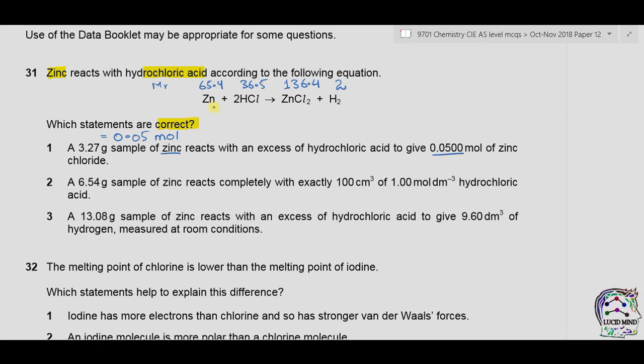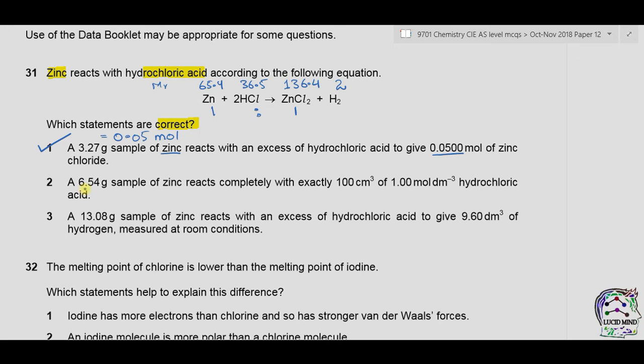As the ratio in the balanced equation is 1:1 of zinc and zinc chloride, the number of moles should be similar. We have 0.05 moles of zinc and also 0.05 moles of zinc chloride, so statement 1 is correct.